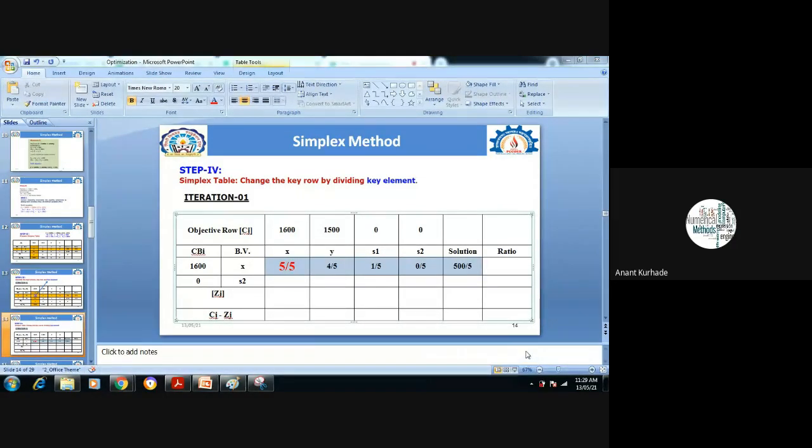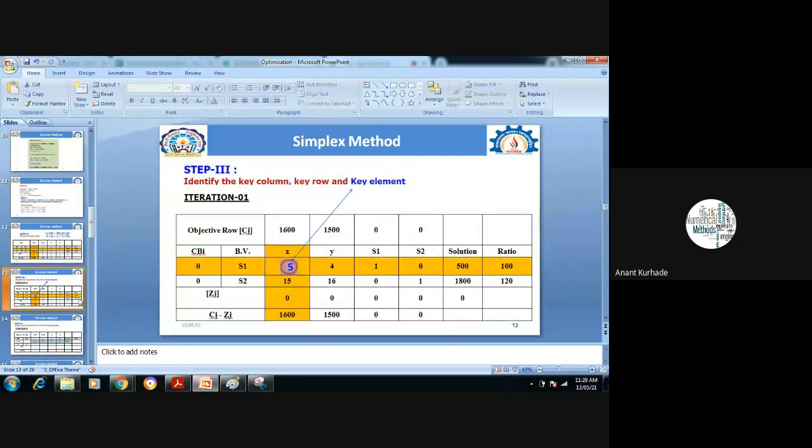Any doubt up to this? Why are we writing the values from the first row? Because the first row is our key row in the previous table, and we change these values by dividing each value by the key element. Initially we have 5, 4, 1, 0 and the key element is also 5.